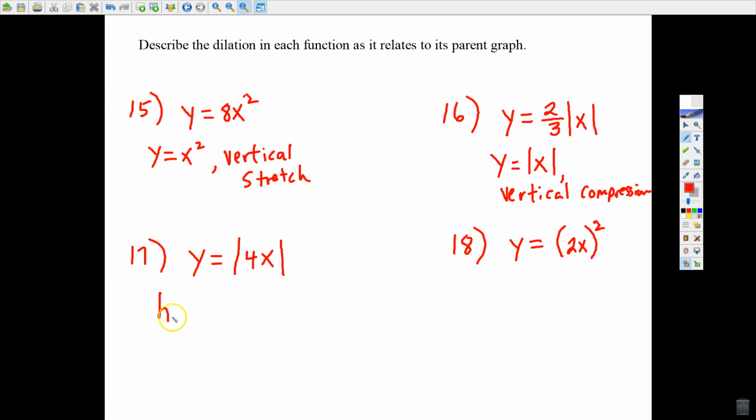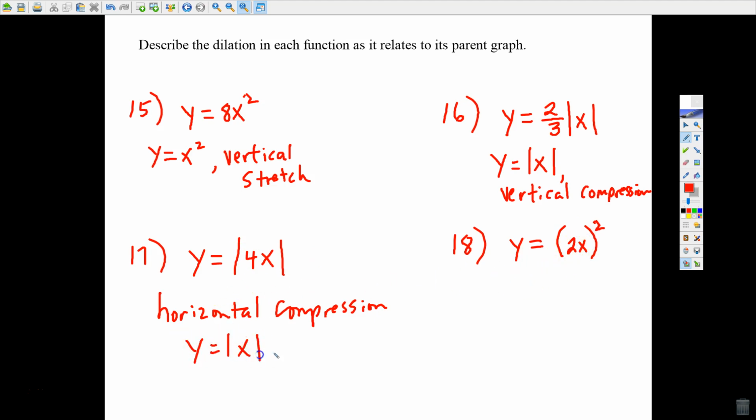So I see the number inside, I know it's got to be horizontal. My question now is, does this result in stretch or compression? Well, when the number that's not a fraction was outside, it was stretch. So when we move it inside, it becomes horizontal compression.